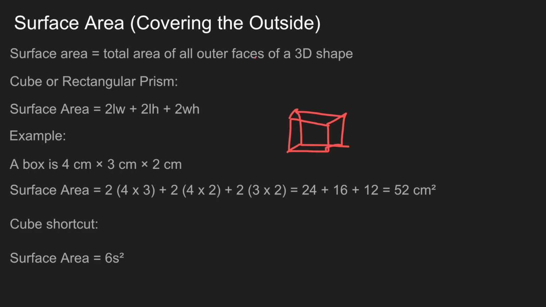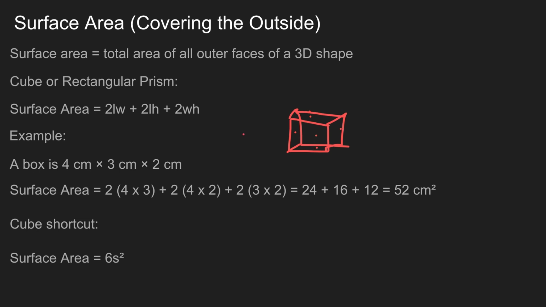So, outside total area of all outer faces. So, this is an outer face. This is an outer face. This is an outer face. The one all the way back here is an outer face, and the one all the way over here is an outer face. So, in total, if you count 1, 2, 3, 4, 5, 6.